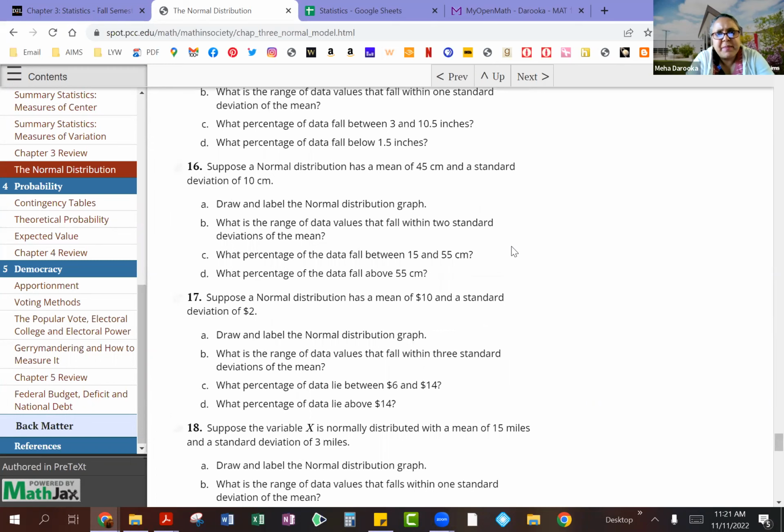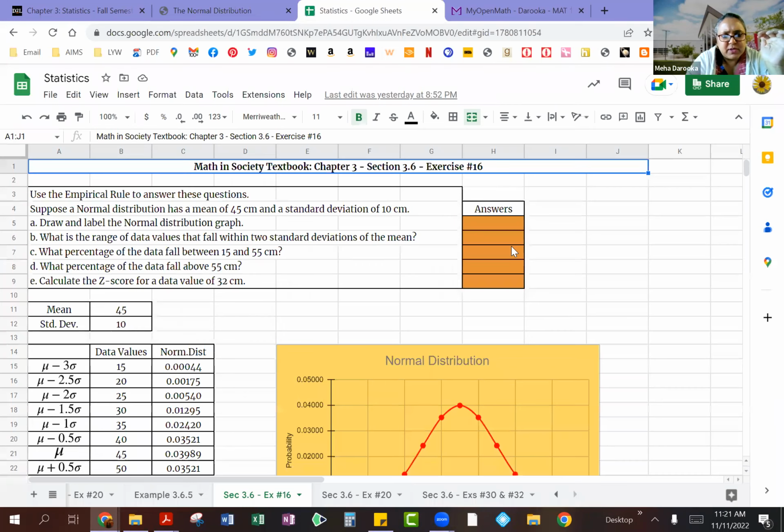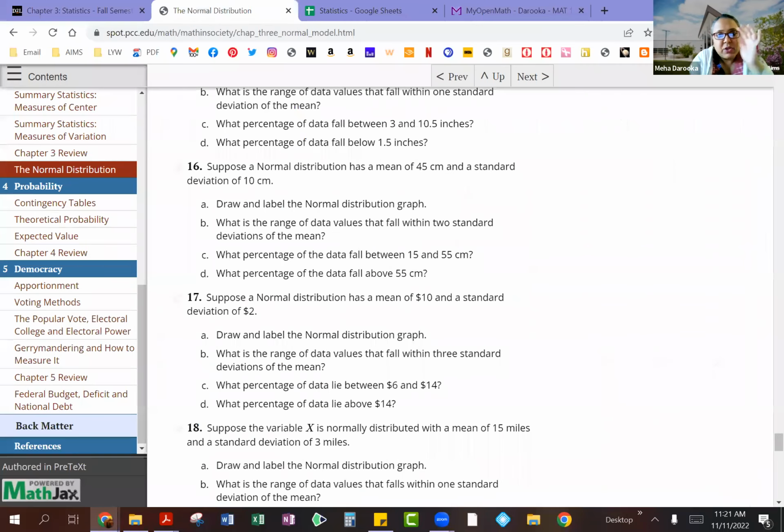The first example we're working on, and let's make sure I have the right number here, yes, number 16. We are saying suppose there's a normal distribution with a mean of 45 centimeters and a standard deviation of 10 centimeters.